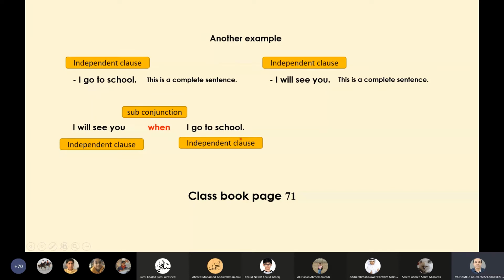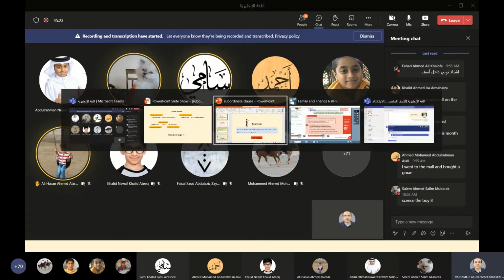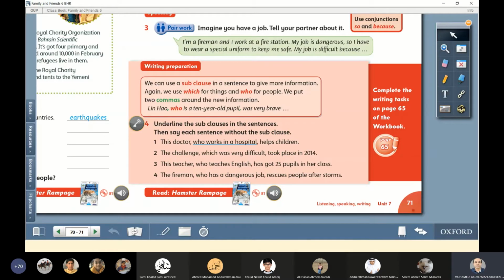Well, now students, let's go to the class book, page number 71. Here you can see more details about the subordinating clauses using the relative pronouns. Here we are going to focus only on the relative pronouns who and which.